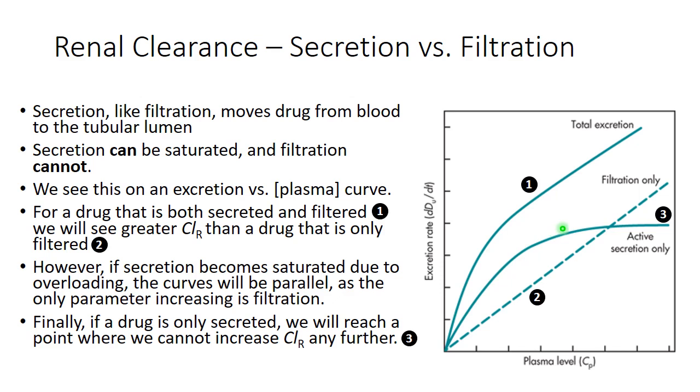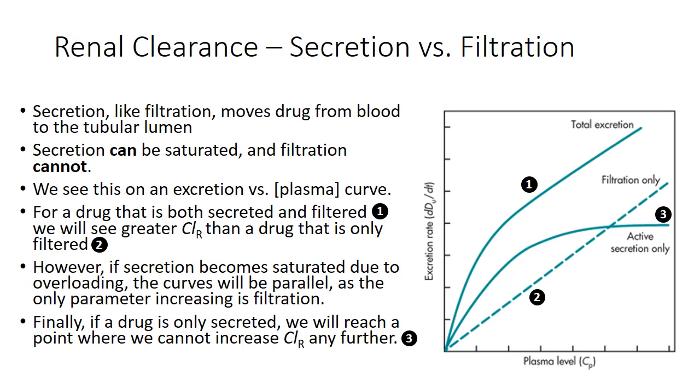Then if you add more and more to the plasma, the kidney says, I can't pump it any faster than what I've already been doing. So it stops. It's still pumping it, it's still excreting it, but it's no faster. No matter how much more you add, it doesn't get any faster than it was. Okay, that's pure secretion.